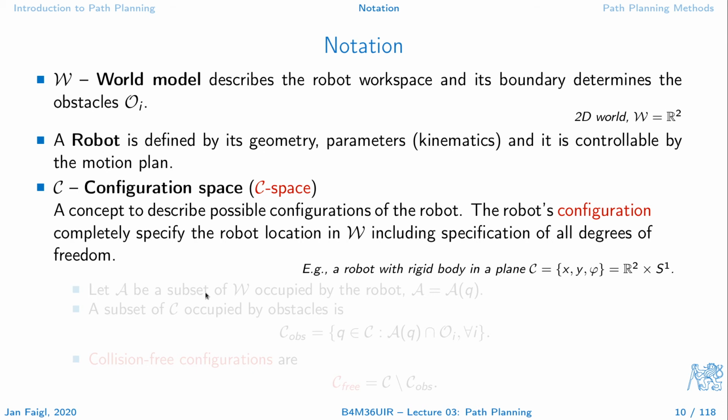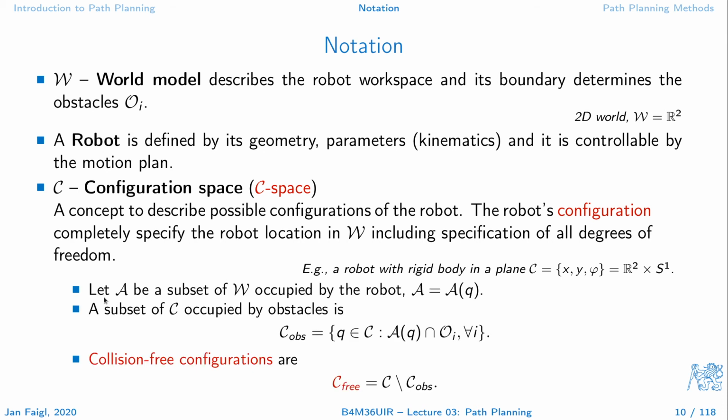And what we have, we have a shape of the robot, and we will denote it by A, for example, that is a subset of the world model that is being occupied by the robot for a particular configuration.